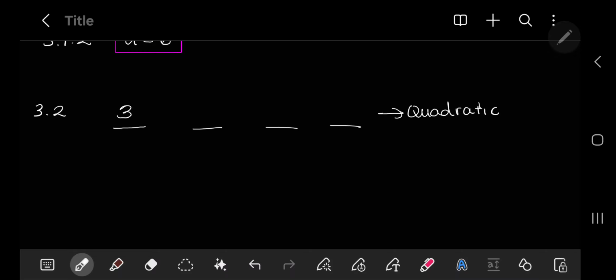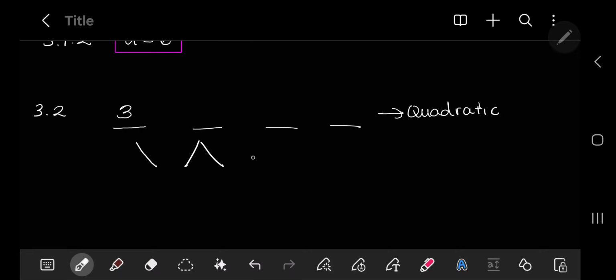Now, to write down what we are given, I'm going to let these spaces represent the quadratic. And the only thing I know here is what the first term is.